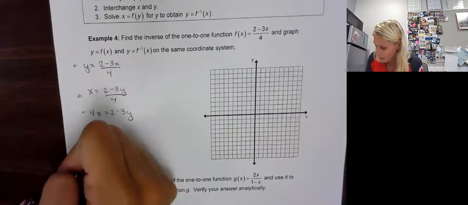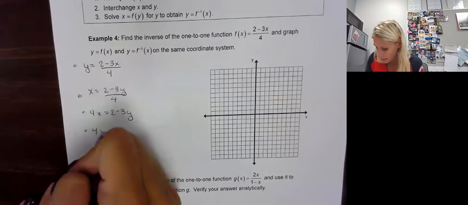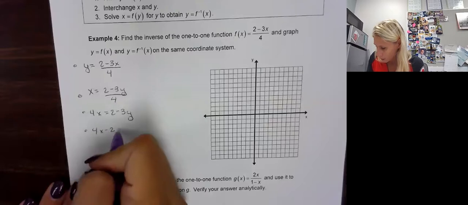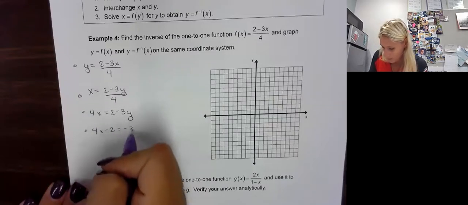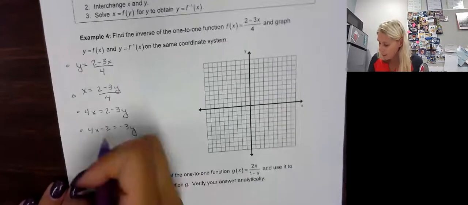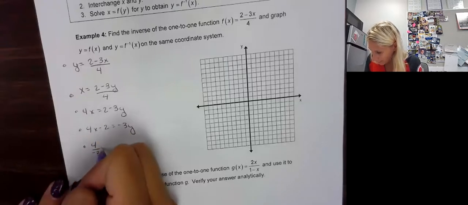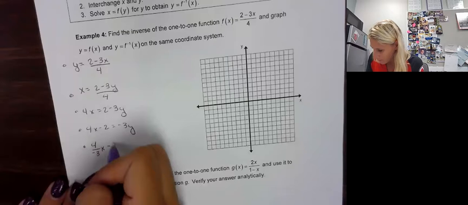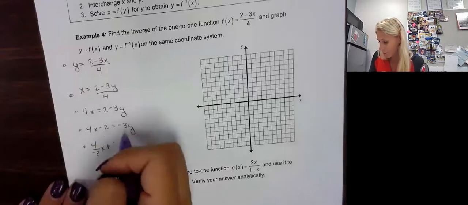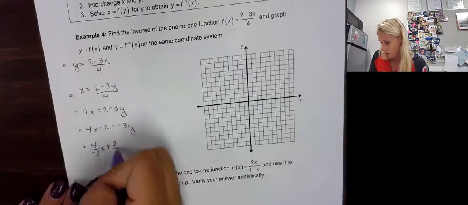I'm going to solve for y now, so I get 4x minus 2 equals negative 3y. And then I'm going to divide by negative 3, so I get negative 4 over 3 x plus, because of negative over negative, 2 over 3.